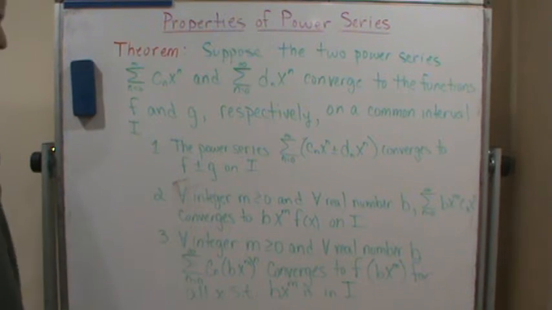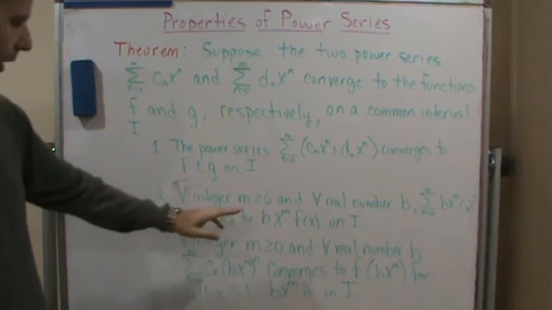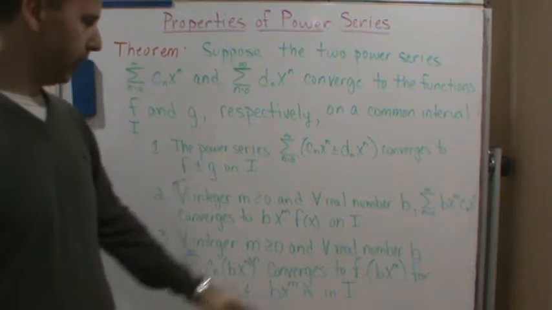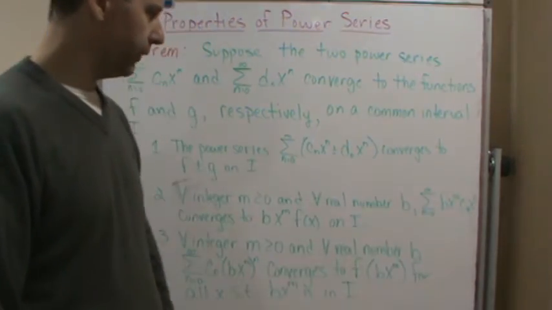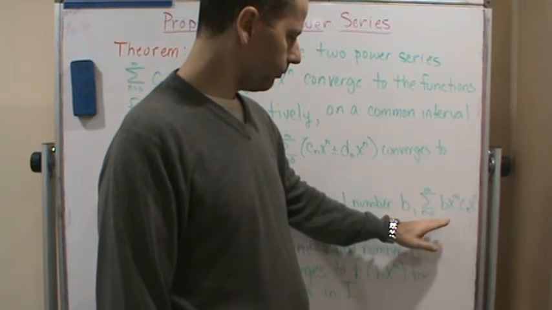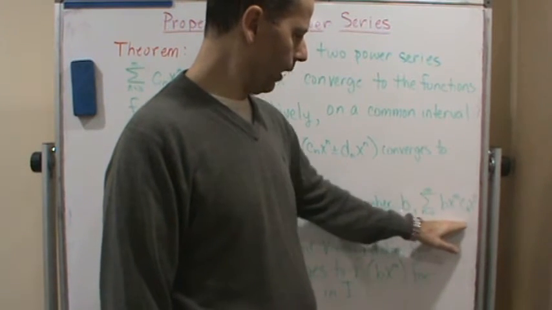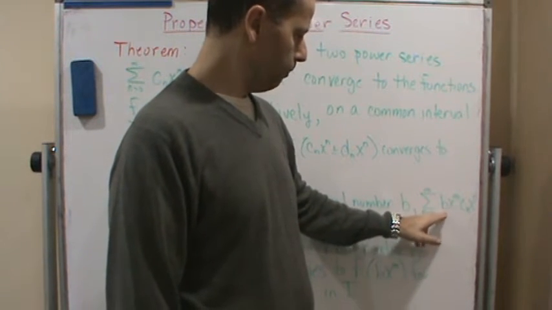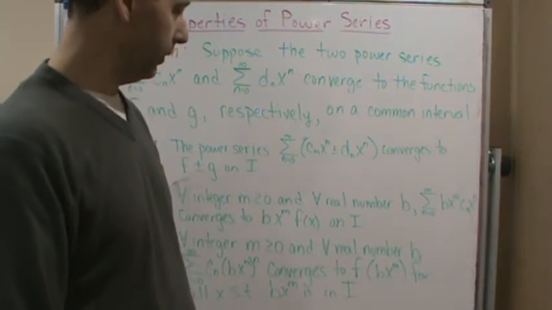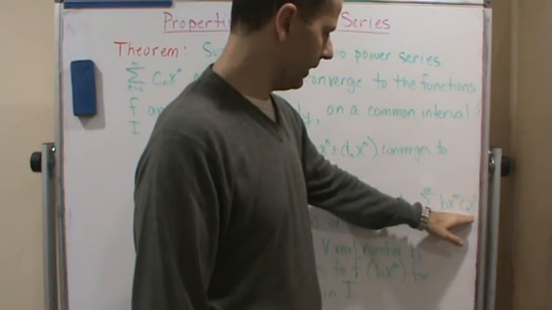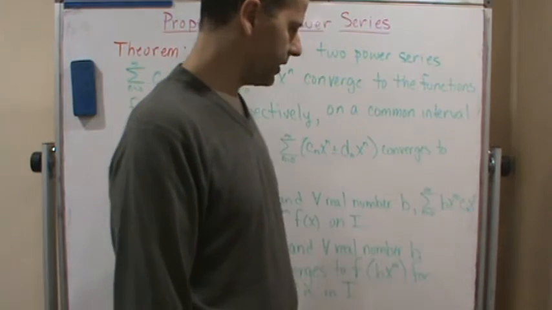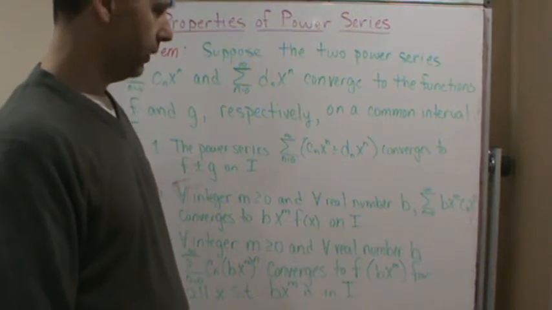The second thing, it says for any integer m greater than or equal to 0, and for any real number b, if we want to create the power series b times x to the power of m, multiplied by c sub n times x to the nth power, okay?